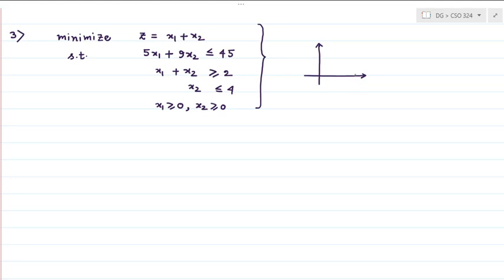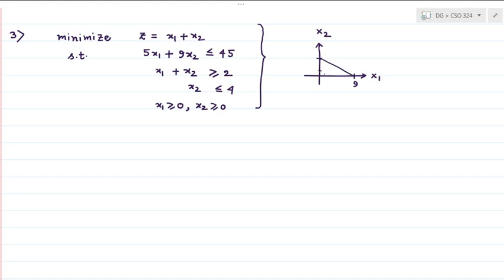Here, if this is my location 9 unit, this is my location 5 unit, this is your x1 axis, this was your x2 axis, then you have here 5x1 plus 9x2 is this line, and the next one, x1 plus x2, is this line.